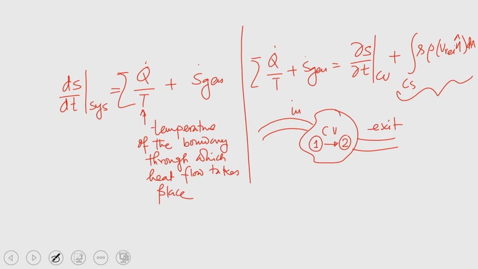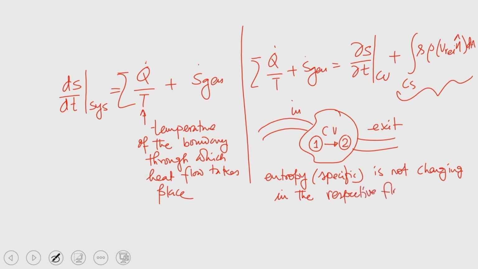Now, if we consider that this is the flow section, the specific entropy is not changing in the respective flow section. In that case, we can take s out from this, and this is the assumption.